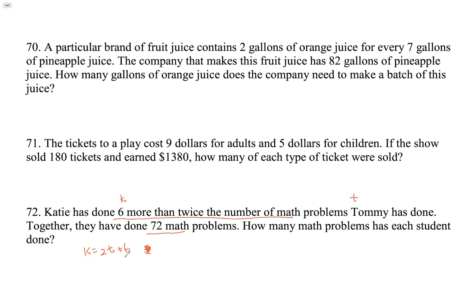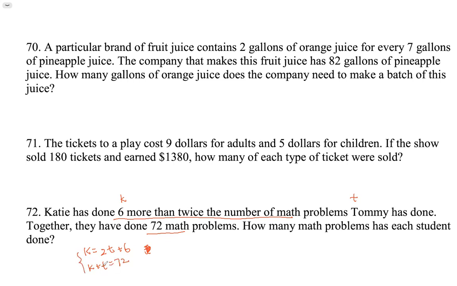T represents how many math questions Tommy has done. K represents how many questions Katie has done. So Katie has done 6 more than twice of Tommy's. So that means K equals 2T plus 6. And together, that means K plus T. They finish 72 questions.